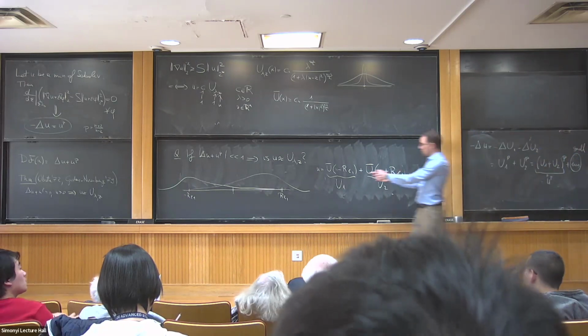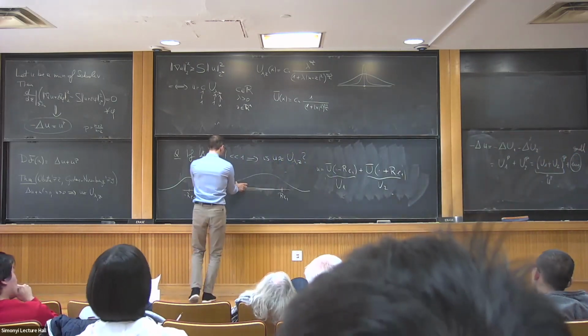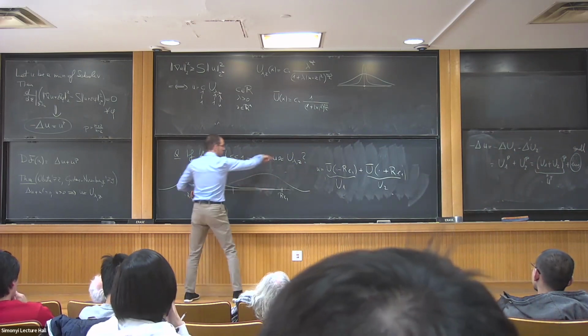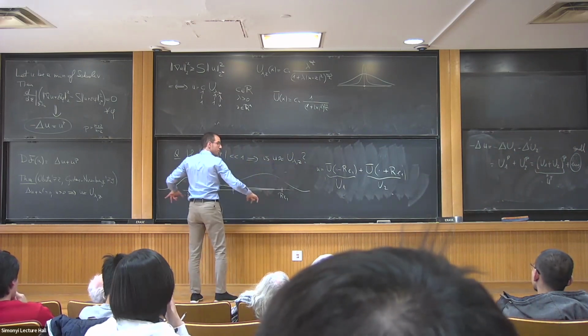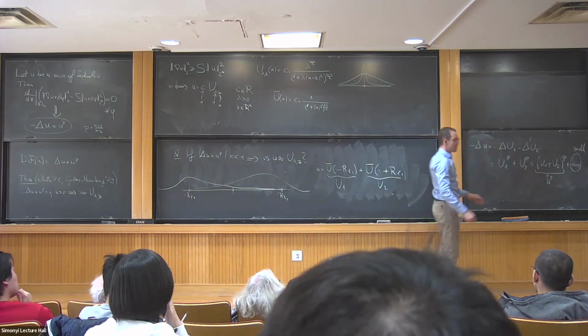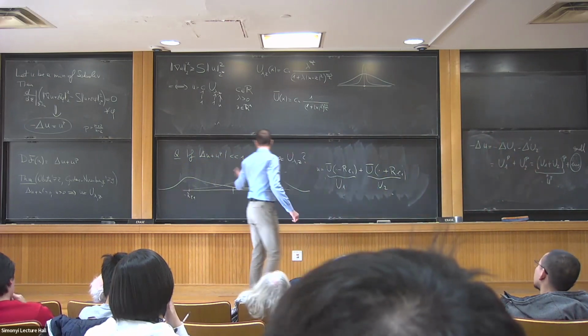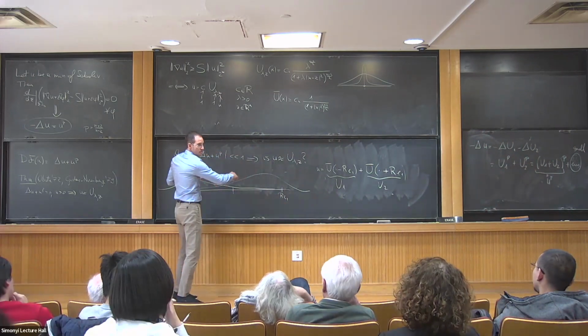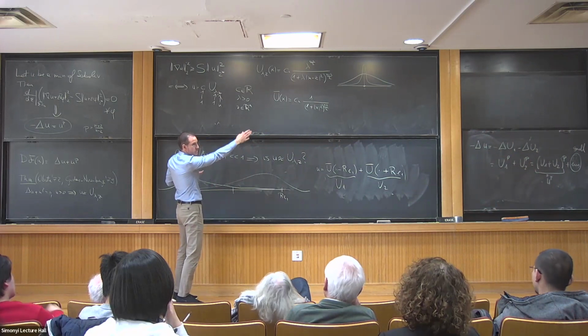Because you see, if these two functions had disjoint support, so one was supported in one ball and one was supported in a different ball, then here I would get equality. These two functions cannot be supported in different domains just because their support is everything. So they're supported in the whole R^n, they're all positive.